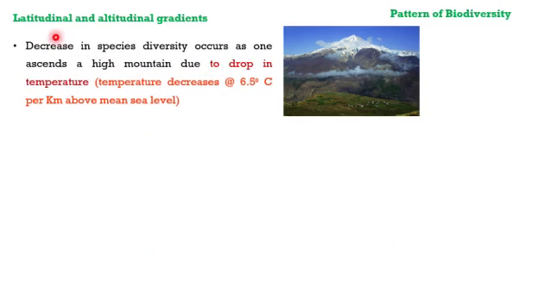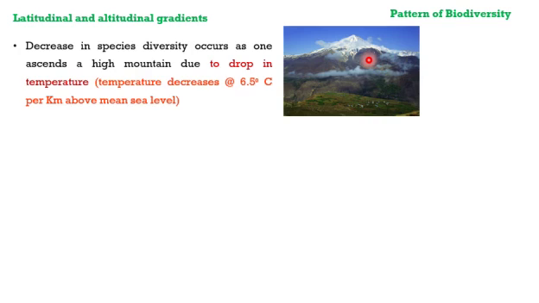So the latitudinal and altitudinal gradients, another important factor. For example, if you take a mountain, when you look at the bottom region of the mountain, you can find a lot of animals, a lot of plants and high vegetation. But when you move towards the top of the mountain, you find fewer plants, less vegetation, and fewer animals.